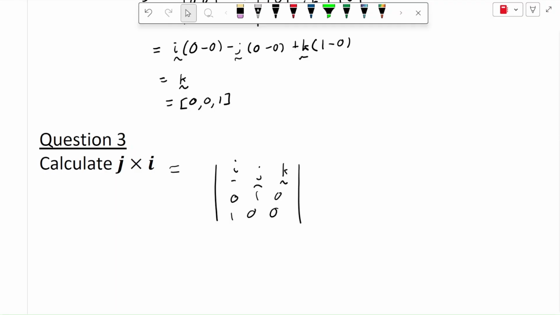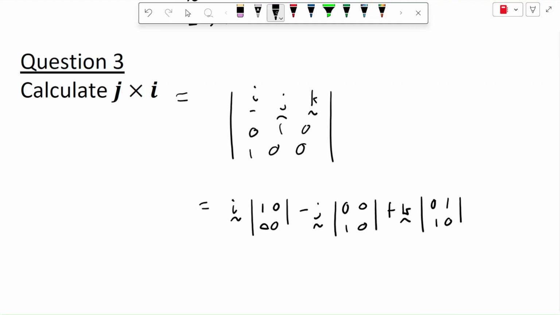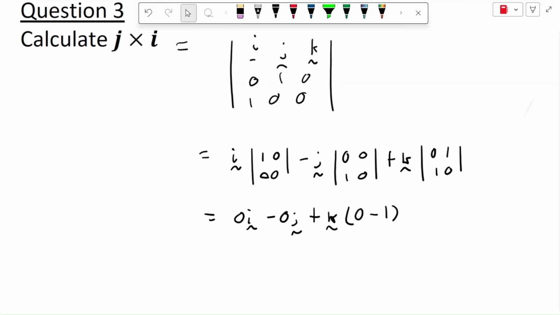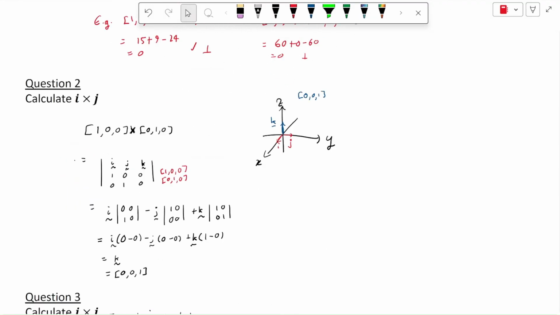Okay, if we work this out, we're going to get i lots of this determinant, take j lots of this determinant, plus k lots of this determinant. Now it works out almost exactly the same, but this last bit is 0 take 1. So we're actually going to get minus k for this answer, which is 0, 0, minus 1. Ooh. So we do get different answers.